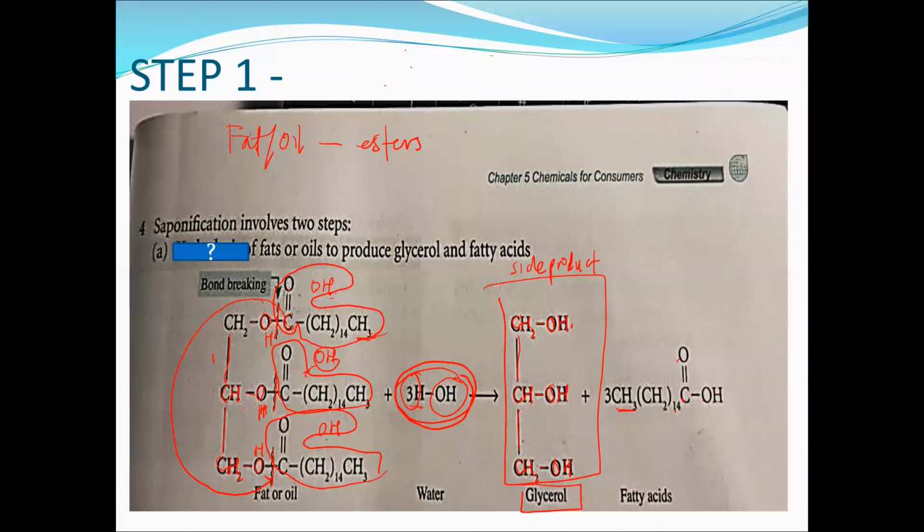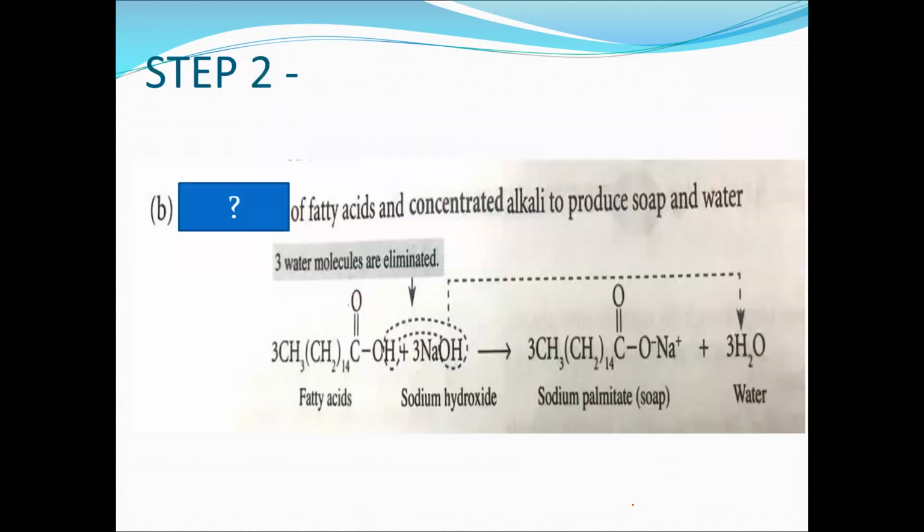So I got 3 of it, so teacher just put the number 3 in front. Are you following teacher so far? Do you know what I did? Yes, teacher. Okay, good. So this is the fatty acid I want. From here, I'm going to go to step 2. Can teacher go to step 2 now? Yes, teacher. Good.